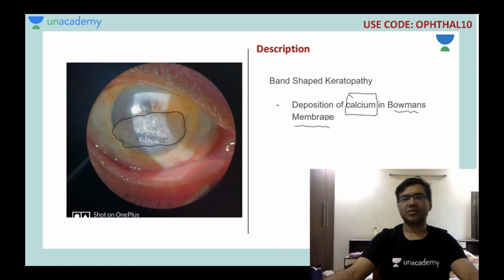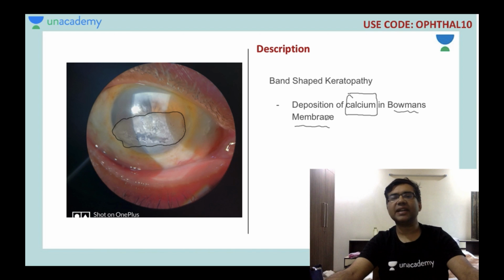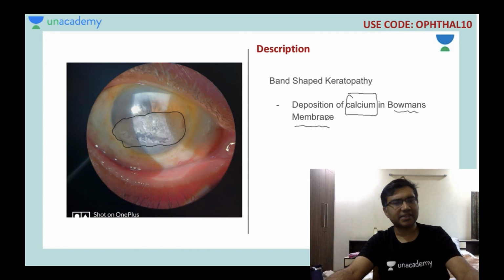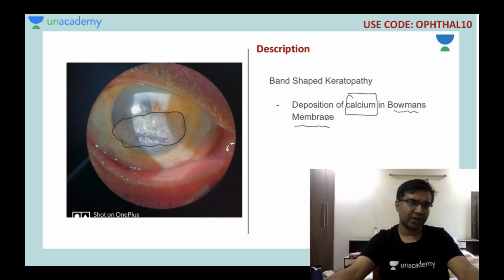Why is there a band shaped keratopathy? I have discussed a lot about band shaped keratopathy in Numero Uno in the ophthalmology series. You can go back to the cornea section and see its causes, but just giving you a brief: any condition of the eyeball which can attract calcium crystal deposition can cause a band shaped keratopathy.